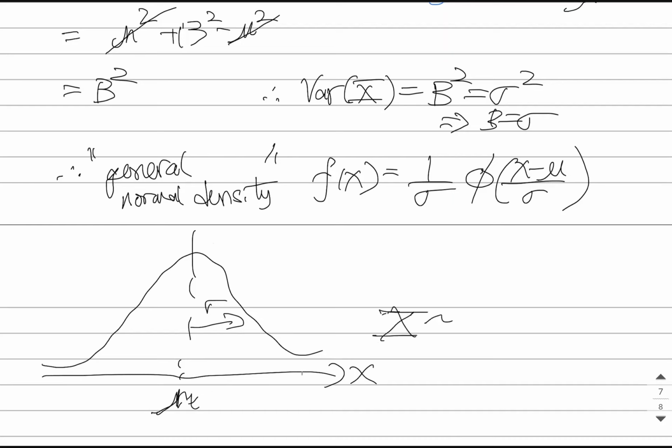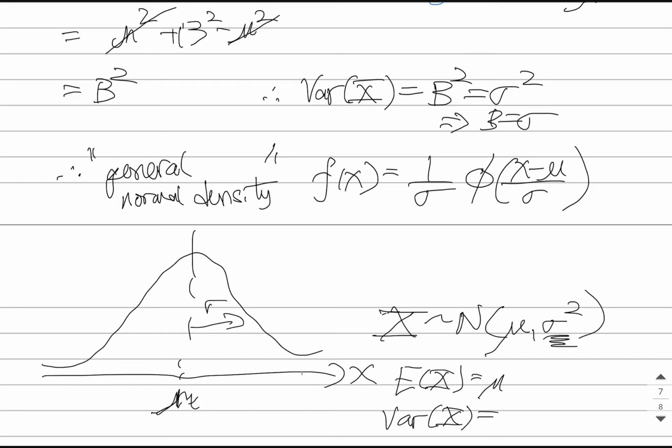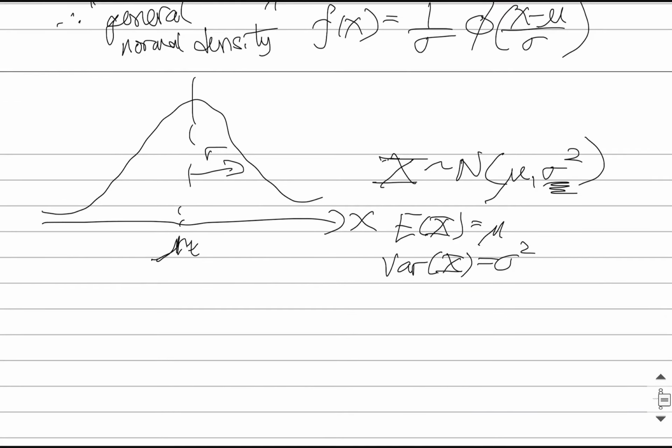If our random variable is said to be normally distributed with mean of mu and variance of sigma squared, and note that this entry is always variance and not standard deviation, we have just proven from above that this result will give us the desired mean and the desired density. And now that we've got this in place, what we need to do is to be able to understand how we can use this to calculate areas.